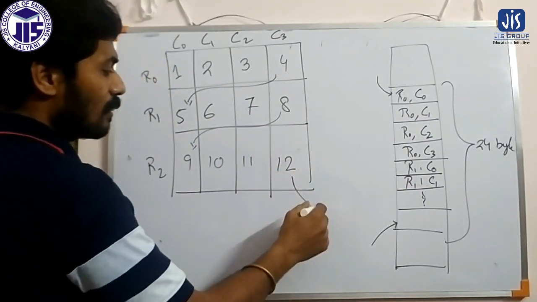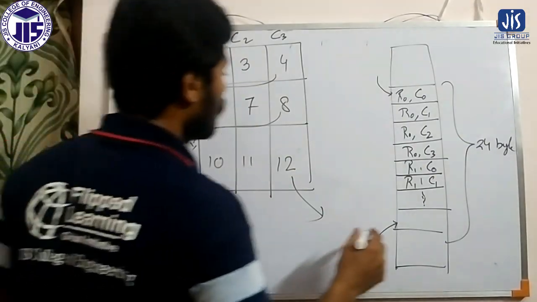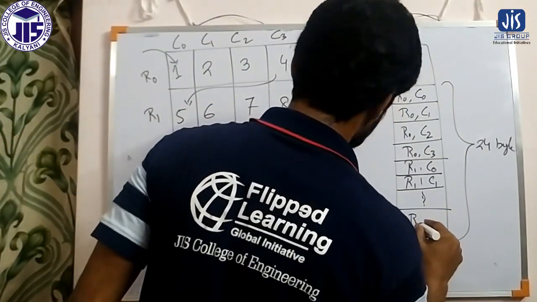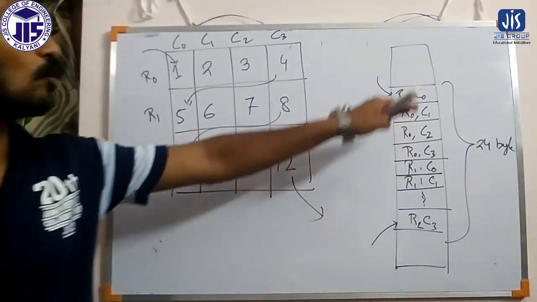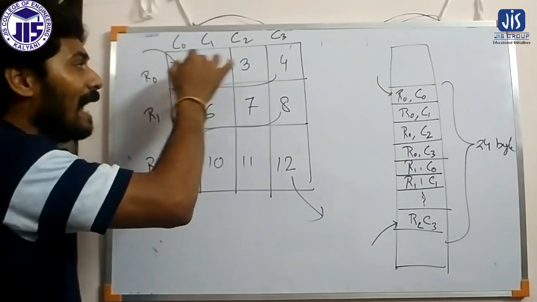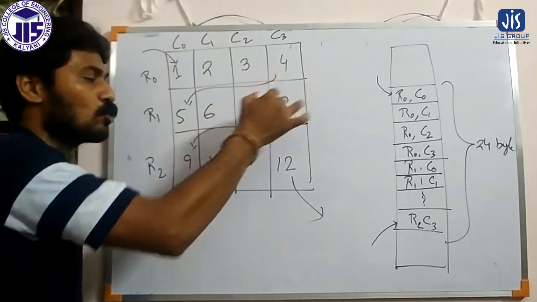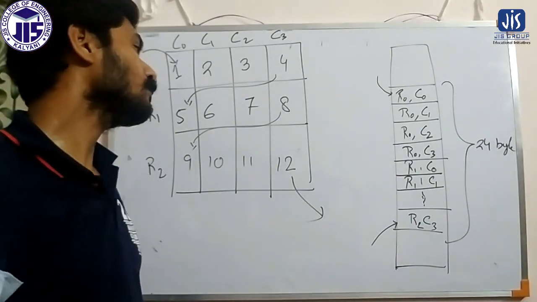The last element we will store here. This is the first element and this is the last element of the array, which will be row 2, column 3. In that way the 24 bytes of memory will be allocated. It starts from the row 0, column 0 element, first completes row 0, then row 1, then row 2. In that way we will assign the memory.